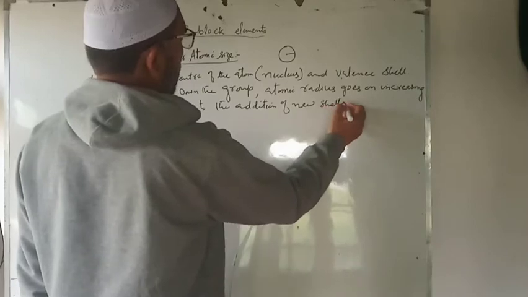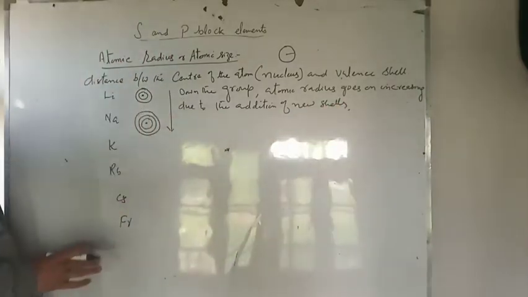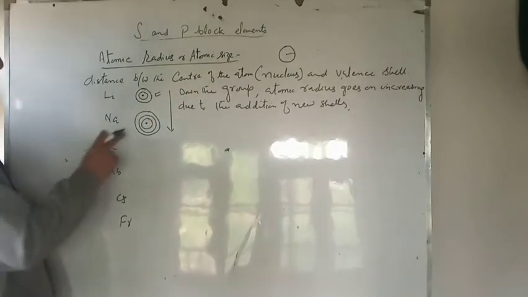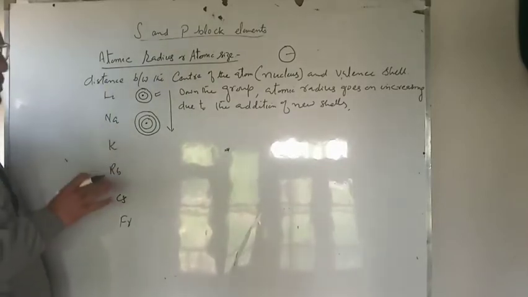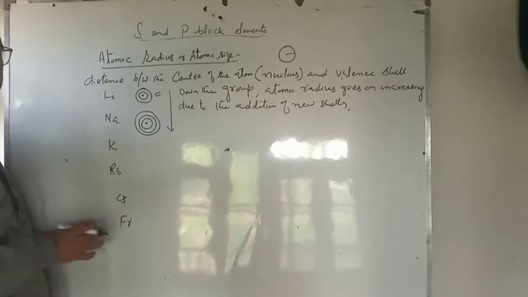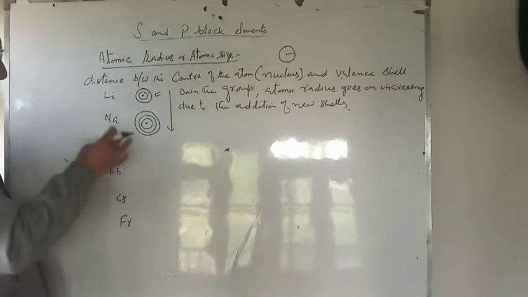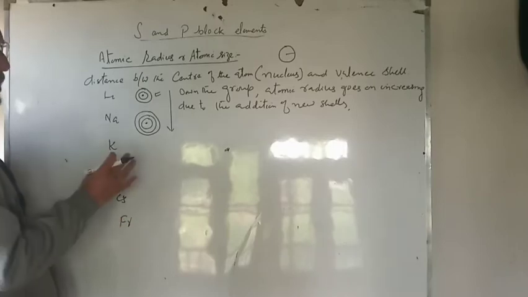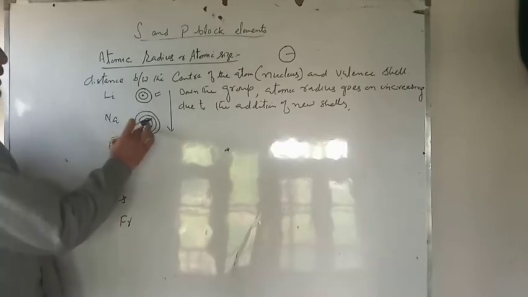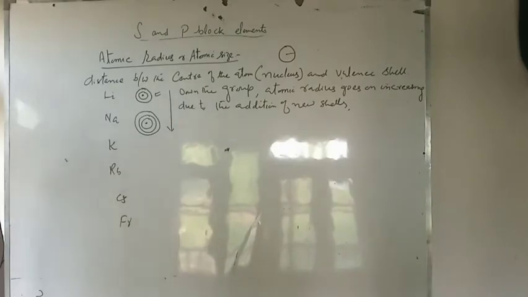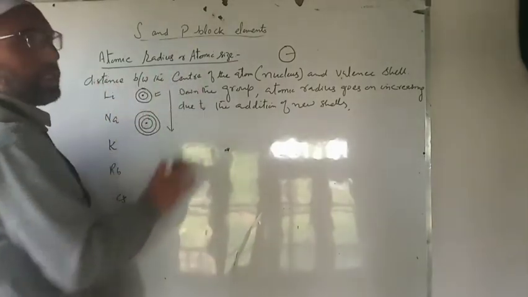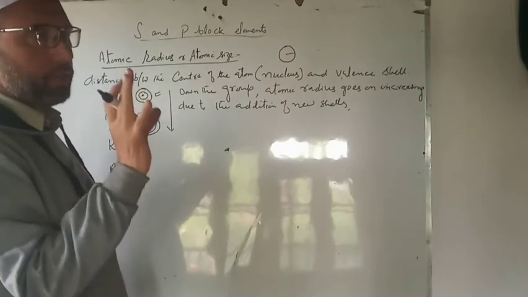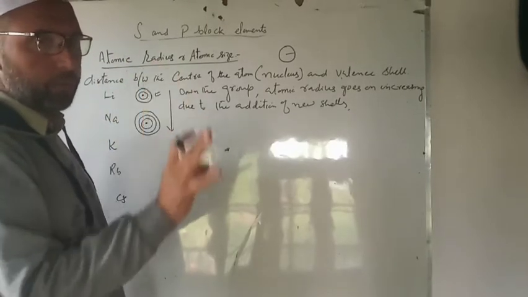As you have seen in group one, in lithium there are only two shells, while in sodium there are three shells. When you go to potassium, there will be four shells. When the number of shells increases, the distance between the nucleus and the outermost shell increases, that is, atomic radius increases. So the first simple point is that atomic radius goes on increasing from top to bottom.